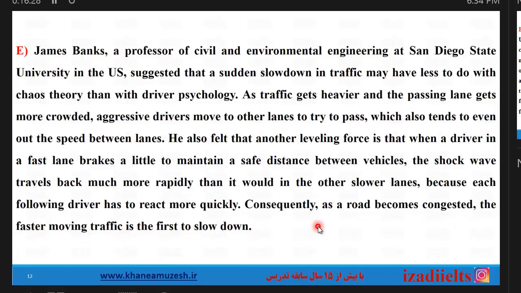Key sentences. Please do not say the answer. Find the key sentences in the paragraph. As traffic gets heavier? Gets heavier and passing lanes get more crowded. Aggressive drivers move to other lanes. Yes?